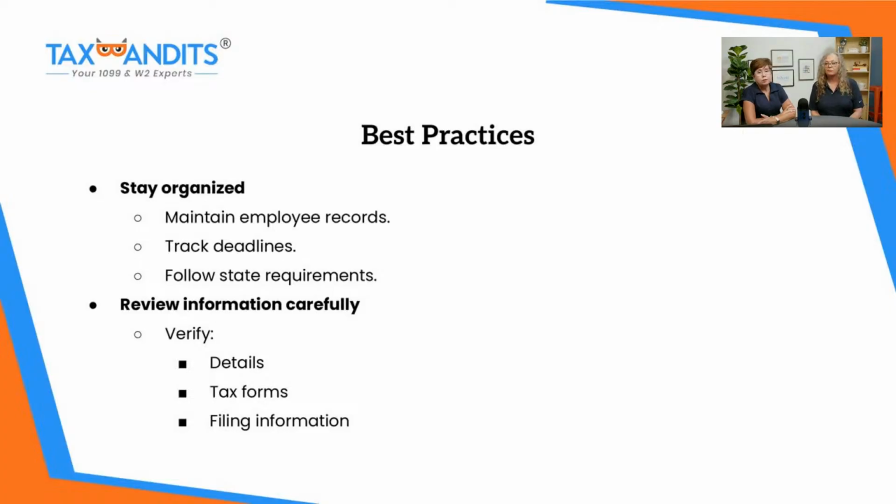And that's one good reason to use TaxBandits. If you use us for your filing needs, everything is located within your TaxBandits account. If you need to refer to old filings, those are there as well. And when you're actually filing your forms, we have an audit system in place, so it should catch most of the errors.